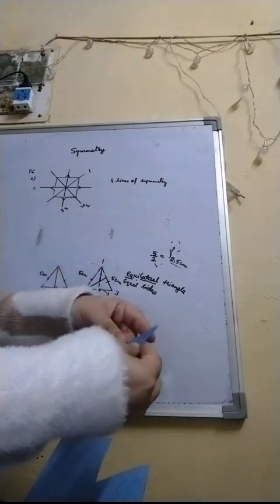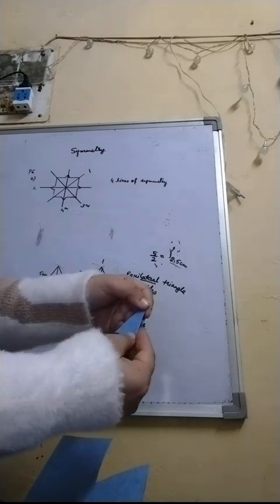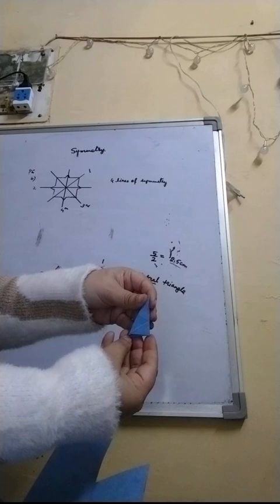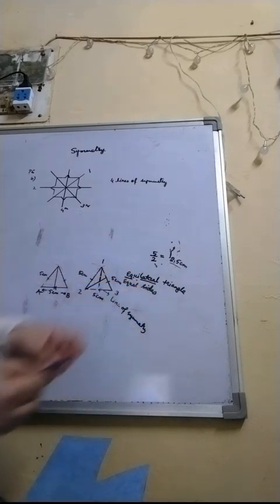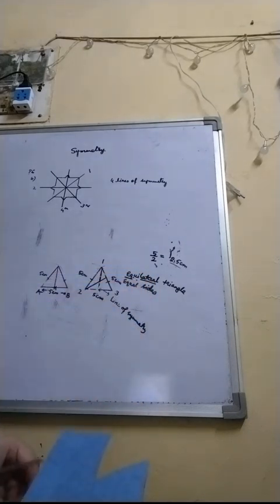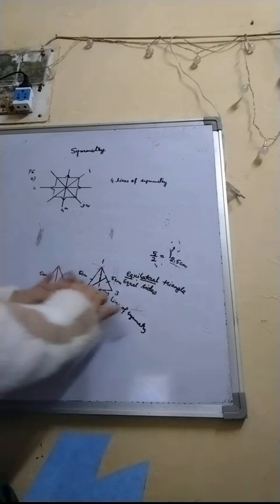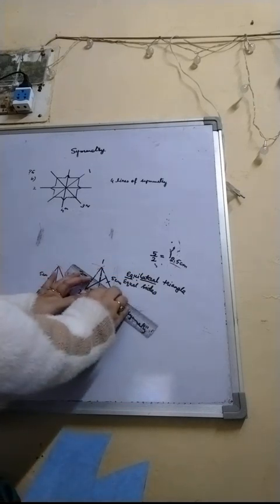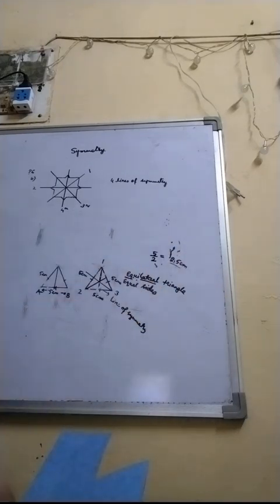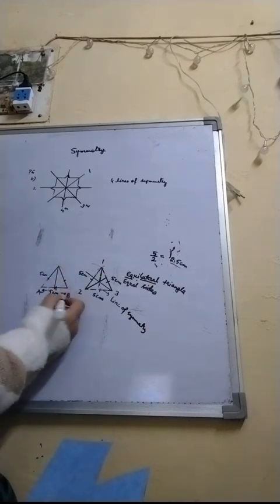This is my third line of symmetry. One portion is totally overlapping the other. So third line of symmetry when we get, we draw it over here also and you get the third line of symmetry.